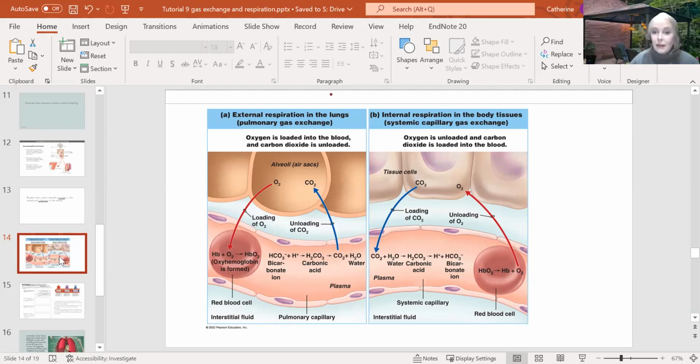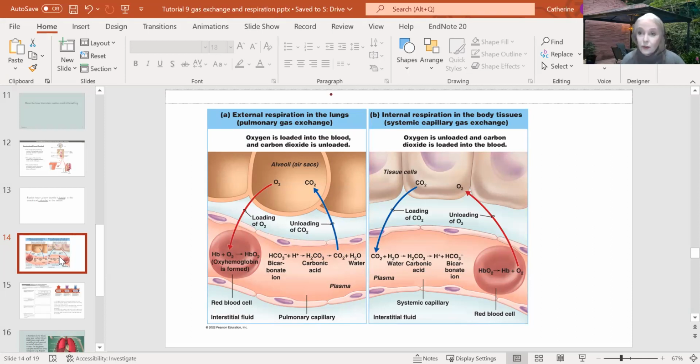But when it comes to actually how carbon dioxide is transported in the blood, we really do have to mention the bicarbonate ion and the fact that it actually dissociates. Yeah, because oxygen is pretty simple. Oxygen is just attached to hemoglobin. It becomes oxyhemoglobin. That's it. It's not as simple with carbon dioxide, right?